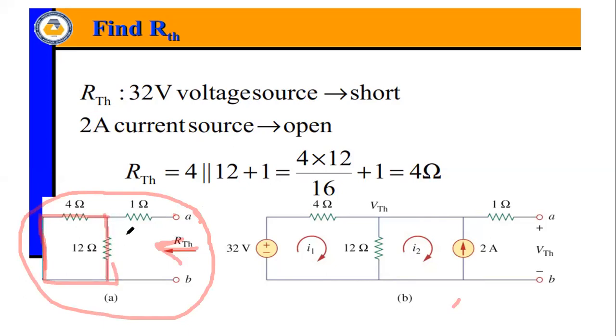They are in parallel, not in series. So 4 and 12 will make how much? 3 ohm. And 3 and 1 will be in series. So 3 plus 1 will make 4.